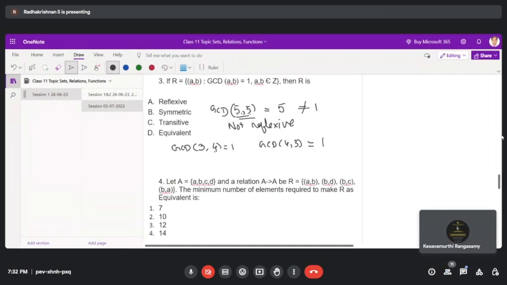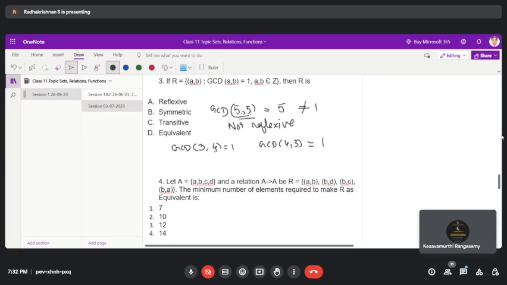Symmetric means the definition is if A is related to B, B must be related to A. If 3, 4 is appearing in the relation, then 4, 3 must also appear. So in this case, it will appear.